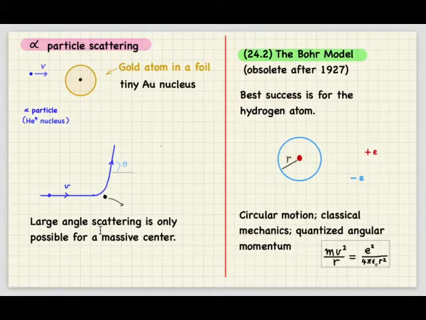So his calculation, based on this picture and the mechanics of a collision between an object with mass 4 and an object with mass 197, where the force is 2e times 79e over r squared, the Coulomb force, based on the theory of the electric force and conservation of momentum, his calculation agreed perfectly with the experimental observations of the count rate as a function of scattering angle.